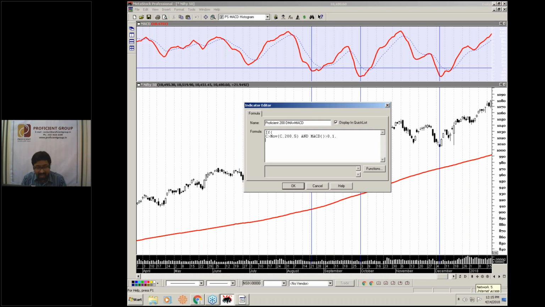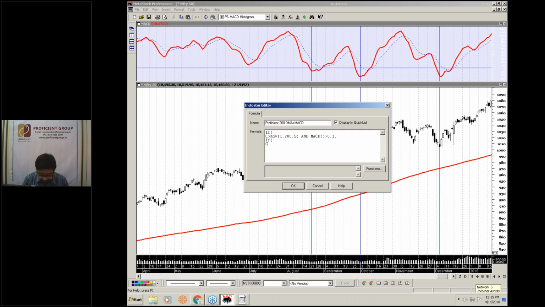This is the syntax: if this happens, then do this, else do this, right? Now we are writing the else part, and we are using a nested if function here. The else part is again an if function, right? Else if. Now here we are giving the condition of the downtrend.